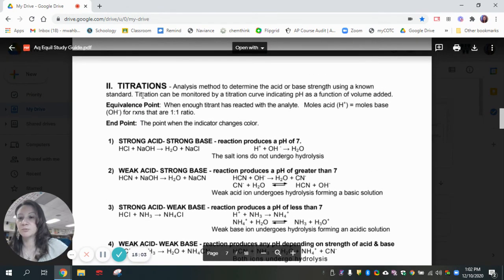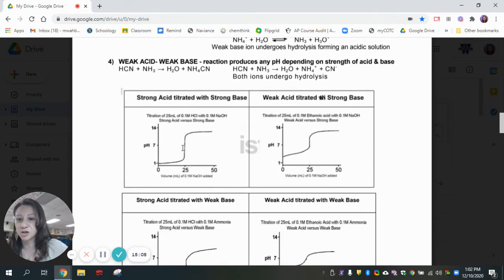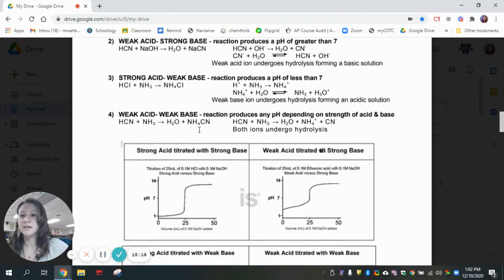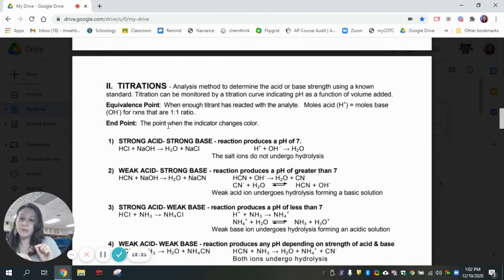Back to the difference between the equivalence point and the endpoint. The equivalence point is halfway between the inflections. That is when enough acid and base have reacted completely, so you don't have any leftover acid or base from your reactants. The endpoint is where the indicator changes color. So you want to pick an indicator that will change color at the equivalence point.